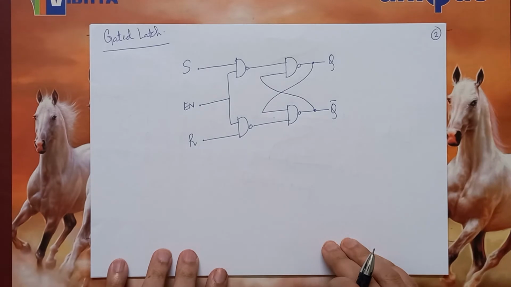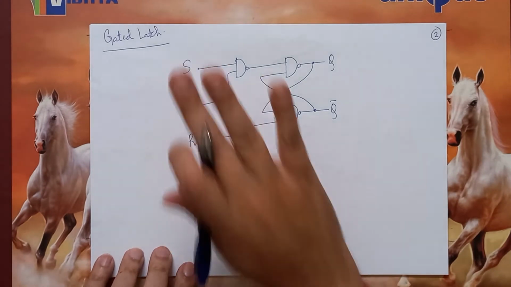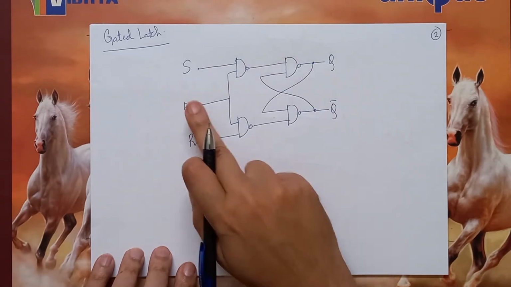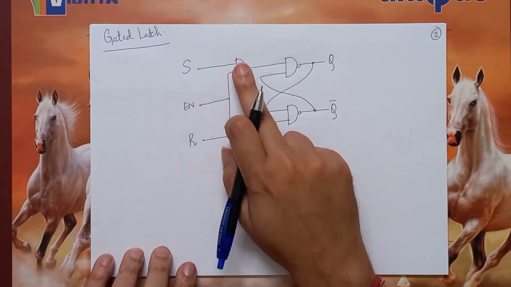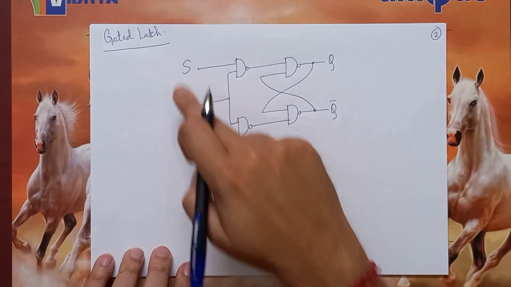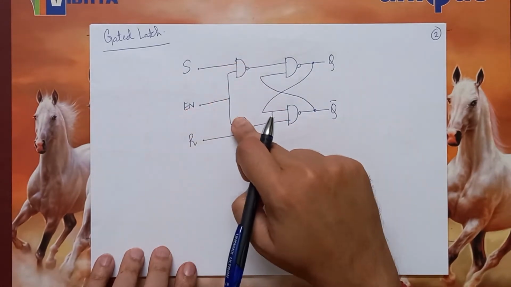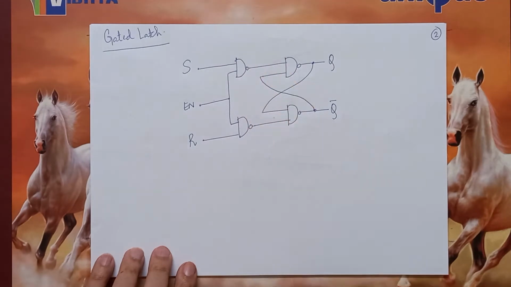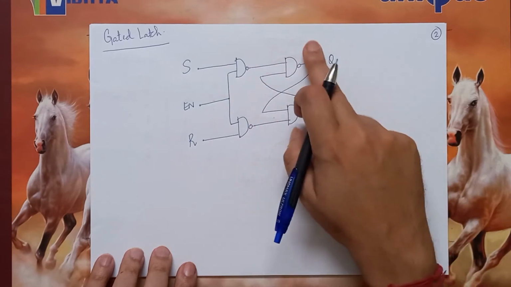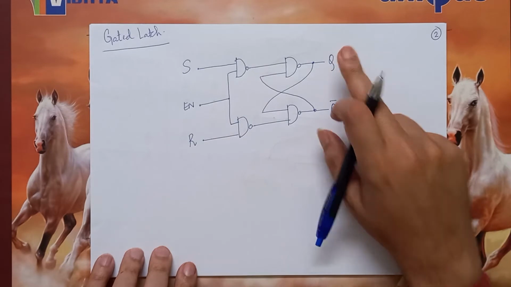Now, having said this, let us see what happens to the circuit when enable becomes equal to 0. When enable becomes equal to 0, these two NAND gates get an input of 0. So the values of S and R are totally ignored because enable is now 0, and the outputs of both NAND gates become 1. Now when this basic latch structure gets both inputs as 1 and 1, the next state is equal to the present state.